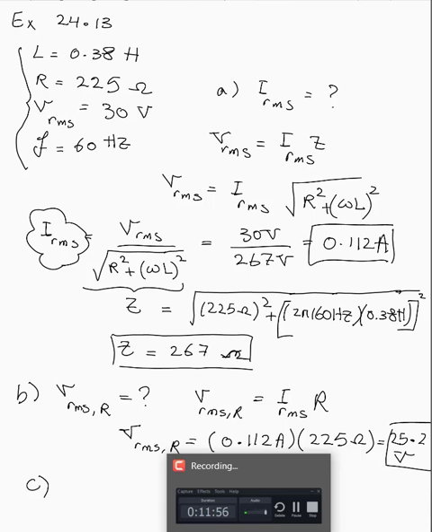Part C is asking about the RMS voltage across the inductor. So now I want to find VRMS across the inductor. Again, I take the total current in the circuit and multiply it by the inductive reactance, which is omega L. So I'm going to multiply 0.112 amps by 2 pi f, which is 60 hertz, times 0.38 Henry.